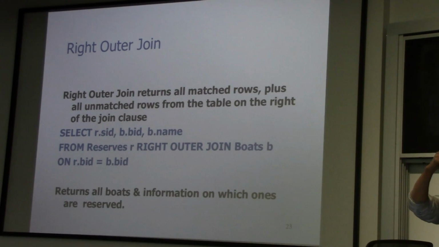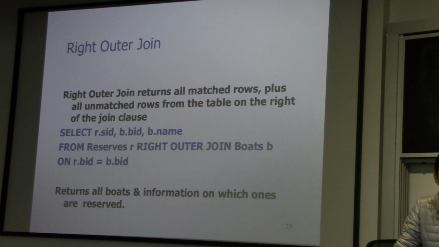Meaning, every reserve record plus the boat it has a reservation on, which is essentially every single reserve record. Some reserve records may show multiple times, but each reserve matches with only one boat, so that will show exactly the reservation records.